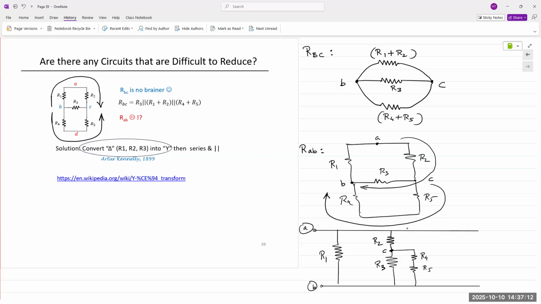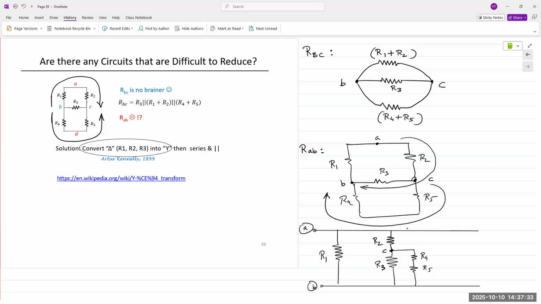Yes. See, the question being asked is about R4 and R5 and how they are connected. So they're not passing through anything. Node C is simply a junction point for those three.